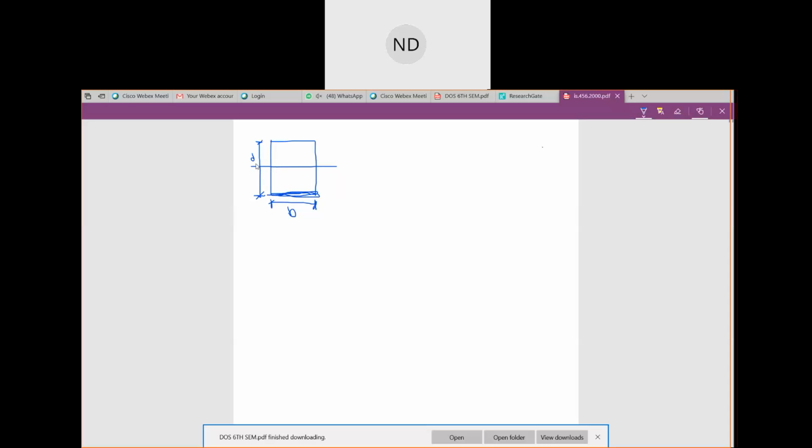This is the CG, the depth is given as D, then we have the width B. This CG divides the rectangular section in half, so this portion is D by 2, and here also it is D by 2.